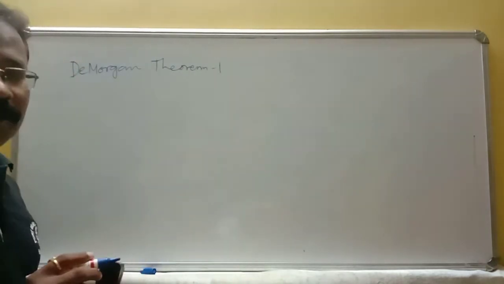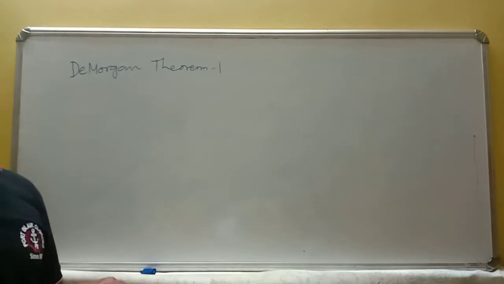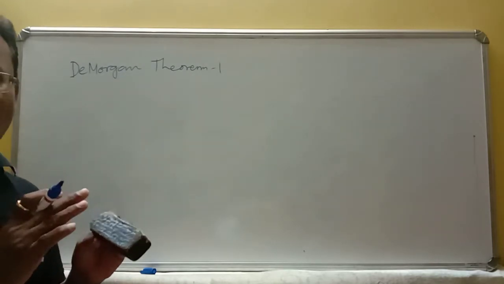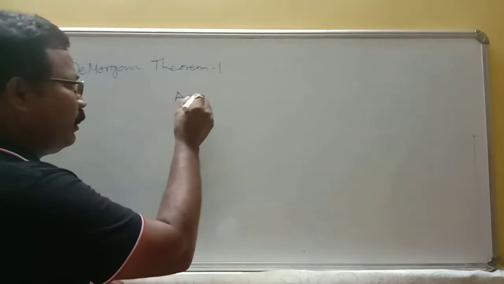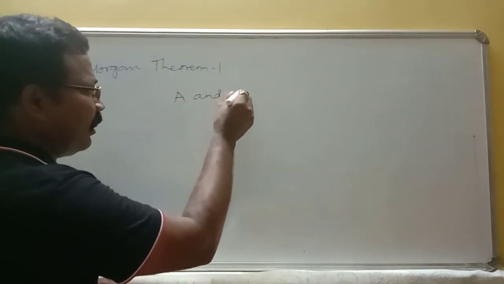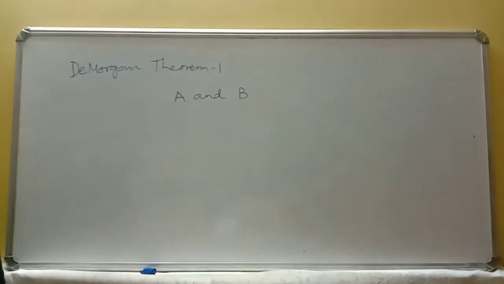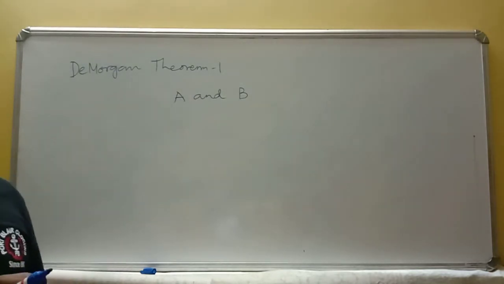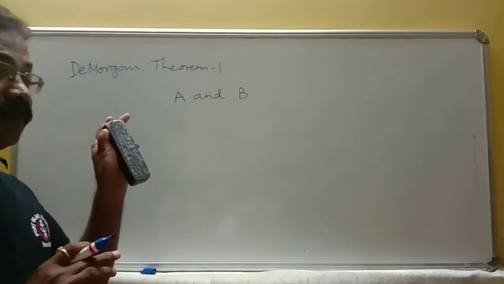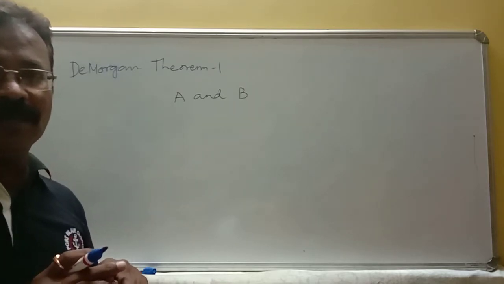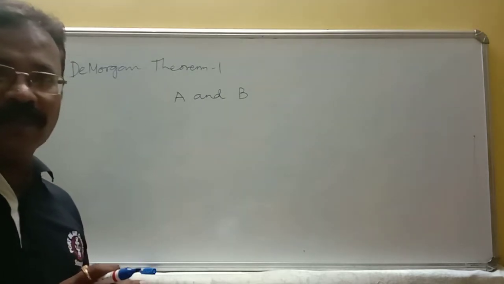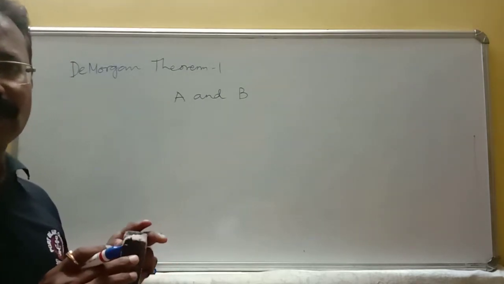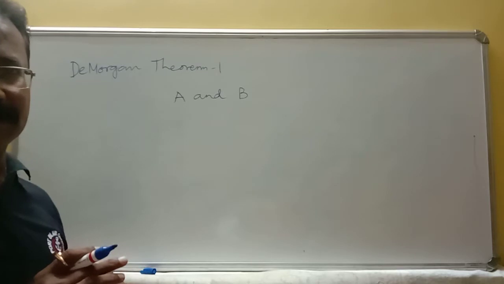For any two variables a and b in Boolean algebra, the complement of the sum of logic variables is equal to the product of their individual complements.